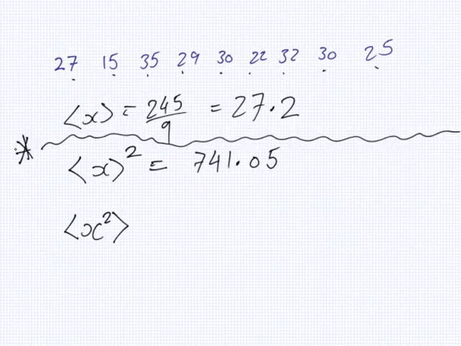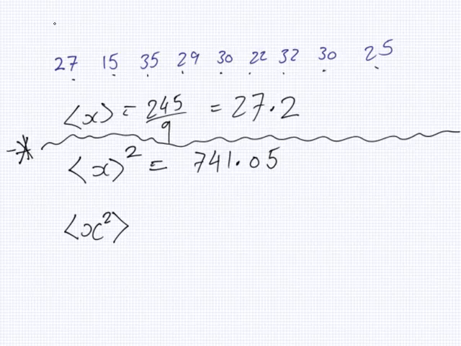Okay. Right, business students. So, 27 squared, 729. This is 225. This is 1225.